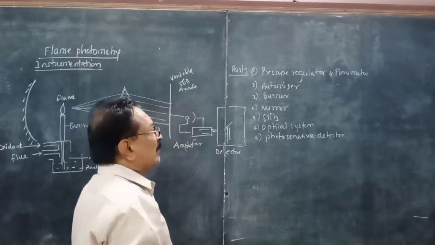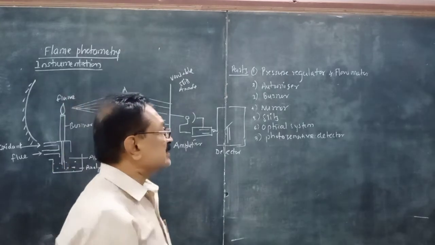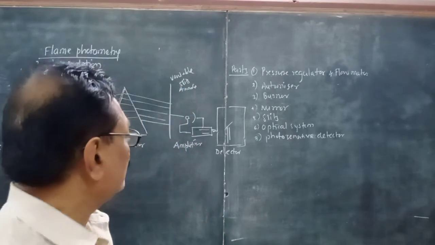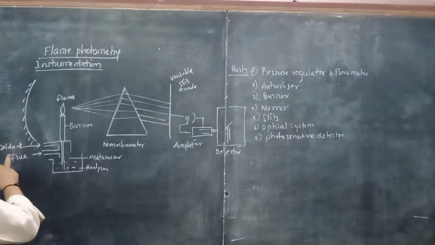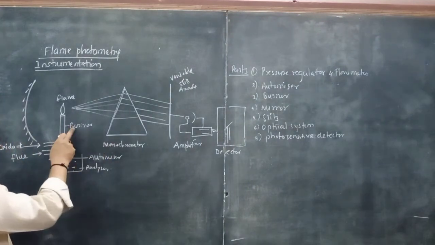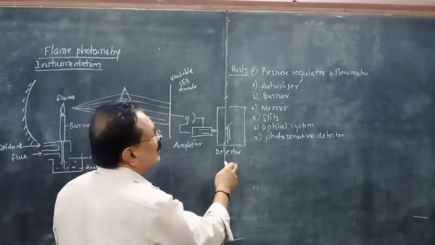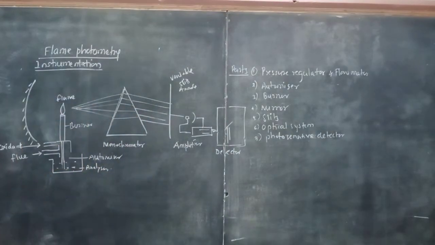Then mirrors are placed, a slit is there, the optical system and the photosensitive detector. Everything is shown in the figure. Here the atomizer is there, monochromator, flame, amplifier. This is the optical system where the photosensitive detector is placed. Let us study one by one.